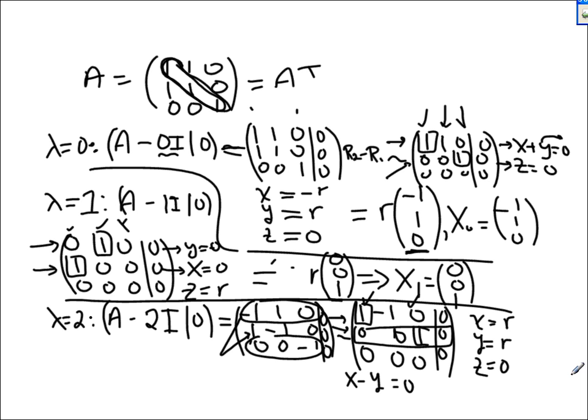So this gives me r times 1, 0, 0. And that right there will be x of 3. So I have x of 2. Lambda happened to be 2. So I have the eigenvector when lambda is 2.